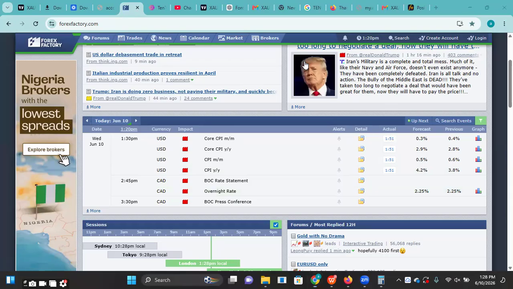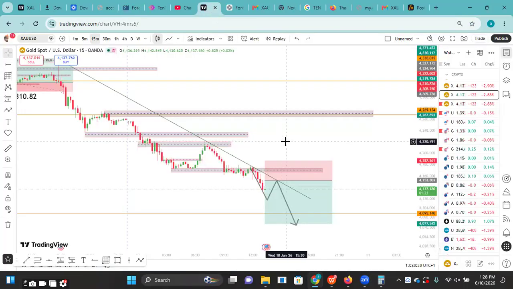All right, so 1 minute to go. Probably be looking for a buy, 0.01. Okay. So let's check the chart again. Pushing up.